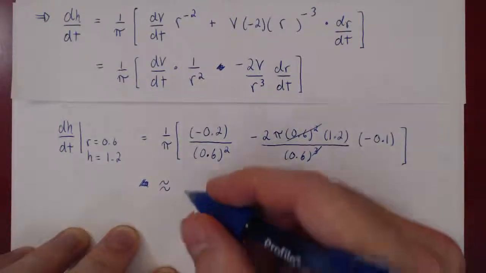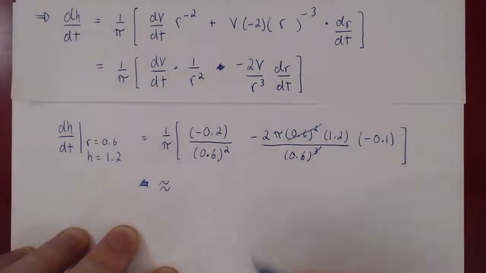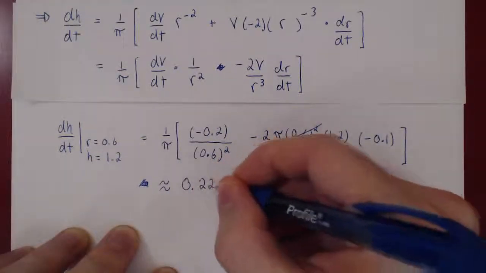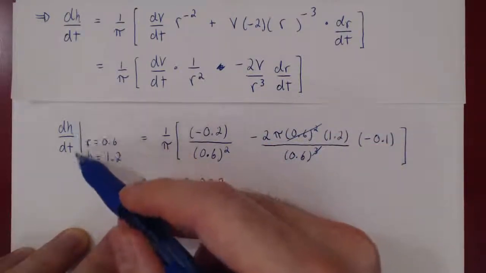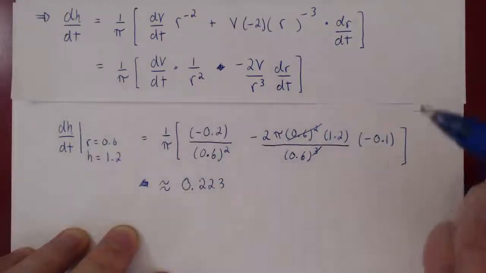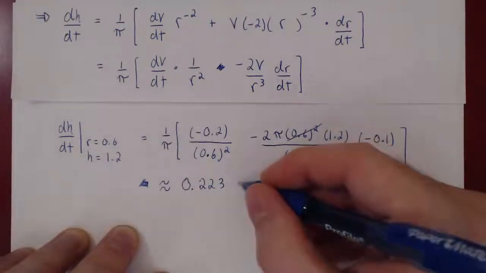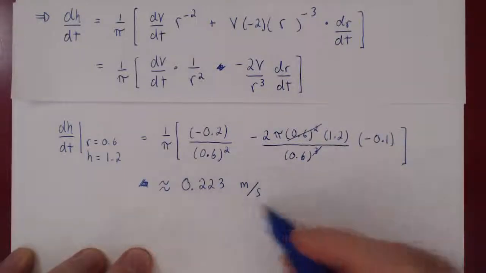After you compute all of this and divide by pi, you'll get approximately 0.223. And of course, what we have was the rate of change of the height with respect to time. The height is a variable of length, so this will be meters per second. So 0.223 meters per second. And that is our conclusion.